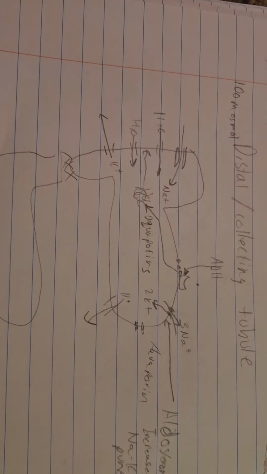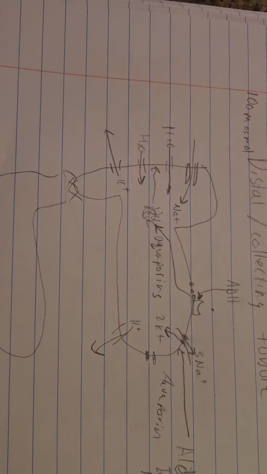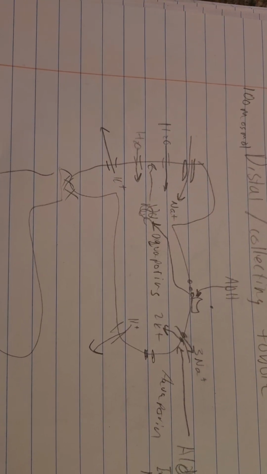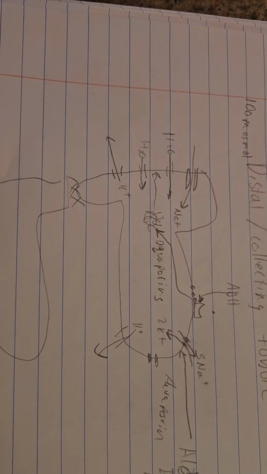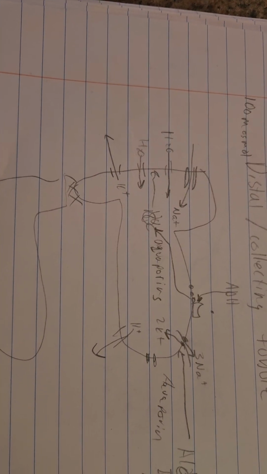Aquaporins go to the membrane and allow water to go through, decreasing urination and increasing the amount of water in the blood. This is an important regulatory step. Basically, the body can control how much water it wants to let go in the urine or how much water it wants to maintain. Not a whole lot more to say.